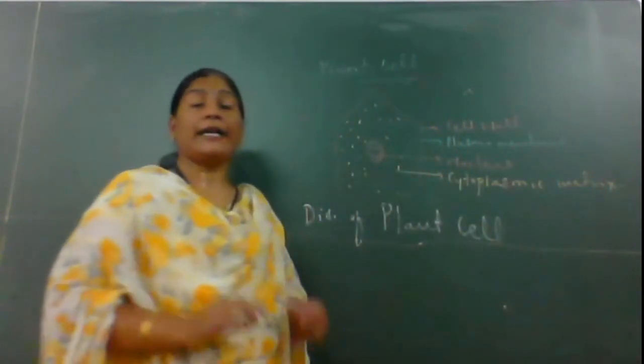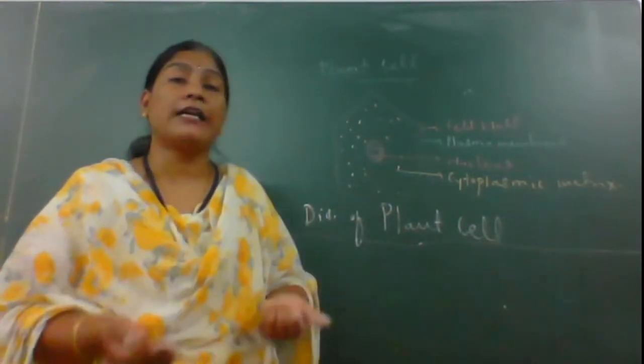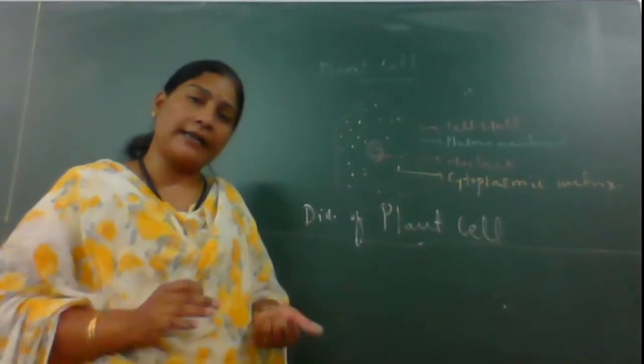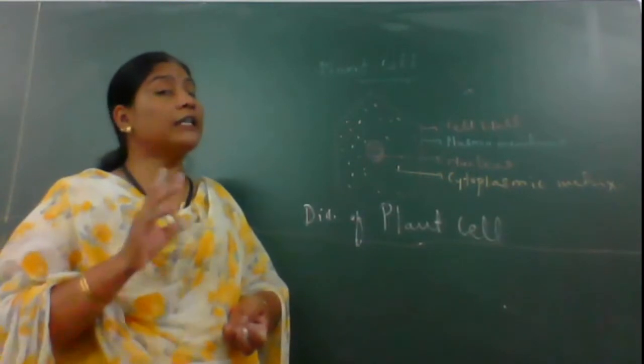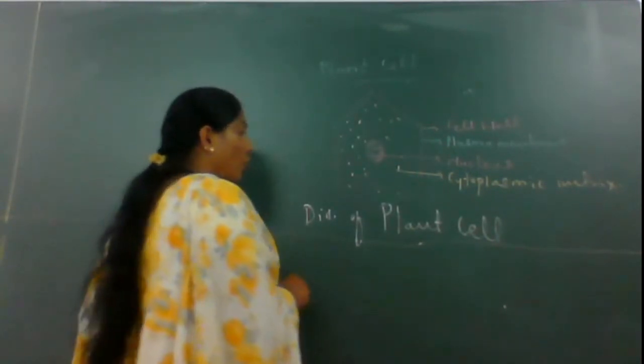In this cytoplasmic matrix various cell components are present, that is, the different organelles of the plant. That may be the chloroplast.